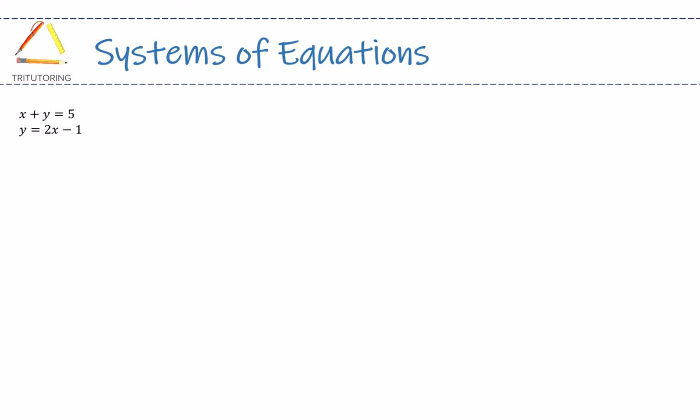Let's take a look at this first system together. The way that I would solve this system is actually with substitution. The reason I'm thinking substitution versus elimination is because I see one of those variable terms that's already isolated. To use substitution, we find one of the variables, in this case y, and we substitute its value into the other equation.